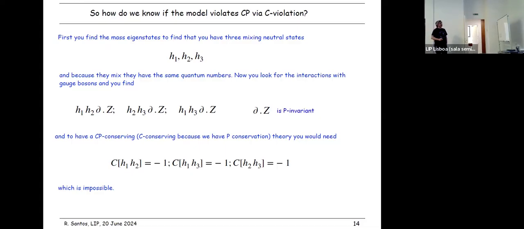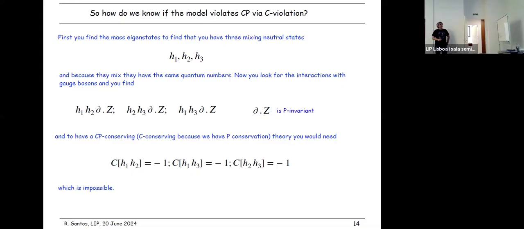So let's take H1, H2, ∂Z. I know that these are interactions, I've seen them, they are there. Otherwise I cannot conclude anything. And then you have H2, H3, ∂Z, and H1, H3, ∂Z. Now, ∂Z is P invariant. Why? Because ∂ transforms from covariant to contravariant, and Z transforms also the other way around. And so this term is invariant under P.